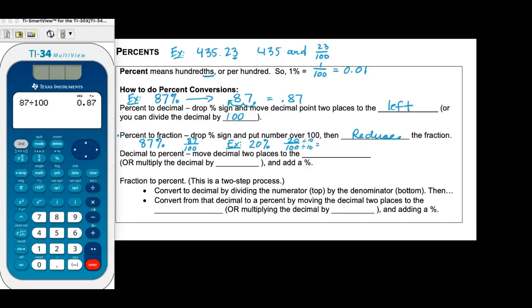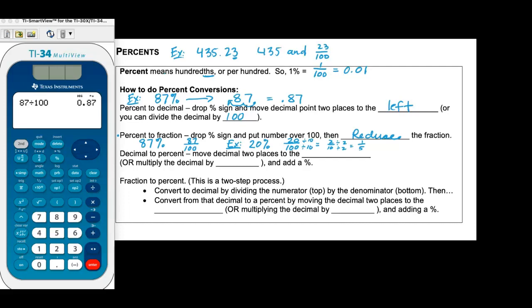But it really doesn't matter what you divide by, as long as you keep dividing by a common factor until you can't divide anymore. And so if I were to divide these both by 10, I would get 2/10, and then I'd have to do it again because I know that 2 can be divided by 2, and so can 10, so I would get 1/5. I could have also divided both of these by 20 right at the very beginning and gotten 1/5.